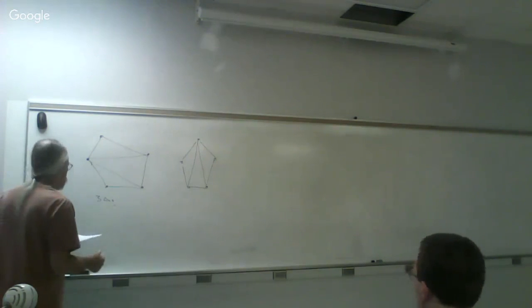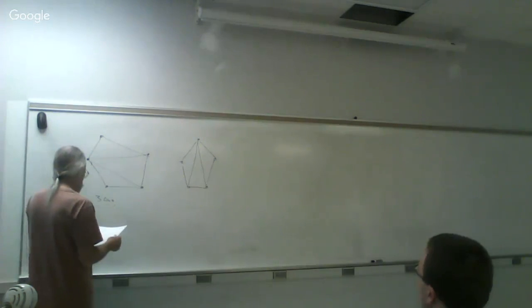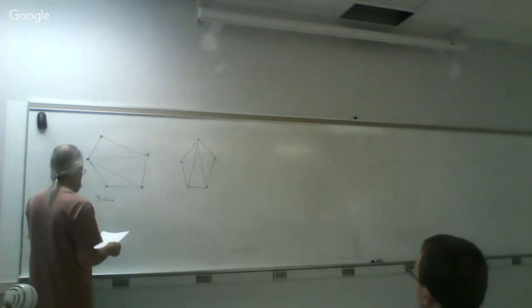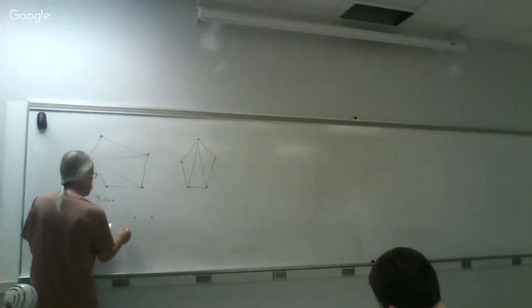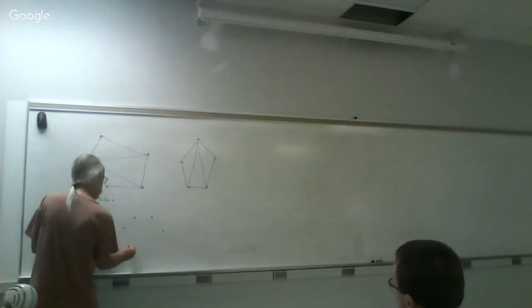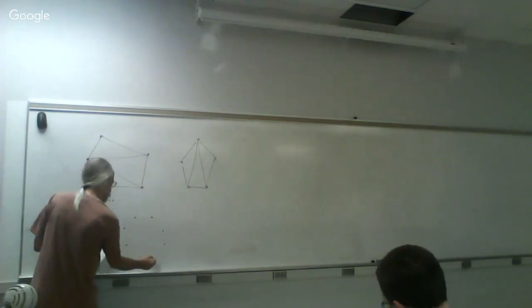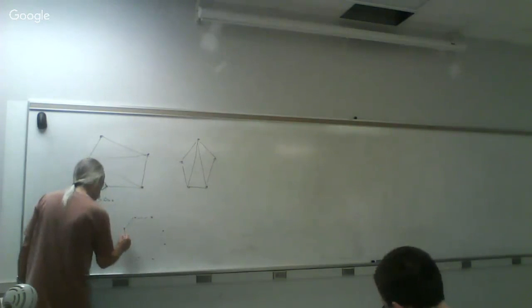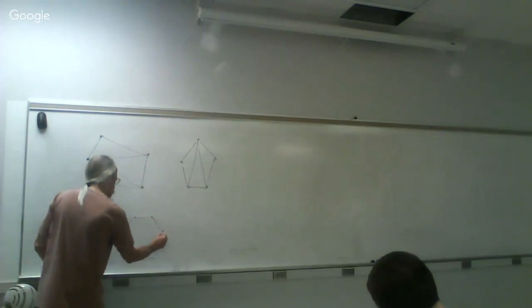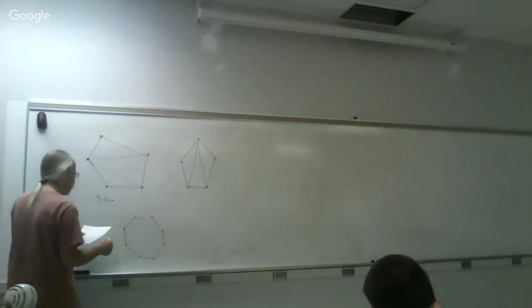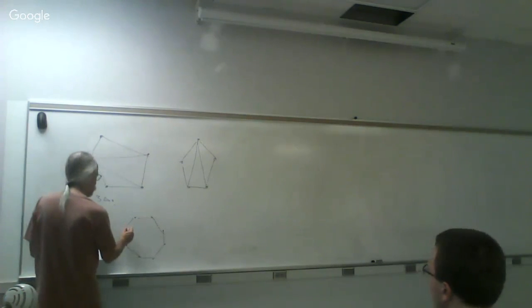If I look at, I think it's an octagon. Yeah, it looks like an octagon, sort of. So if I triangulate this, there's a couple ways I can do this.